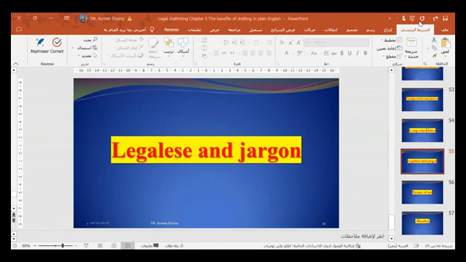This shows many hallmarks of legalese. Knowledge, information, and belief are synonyms or near synonyms.